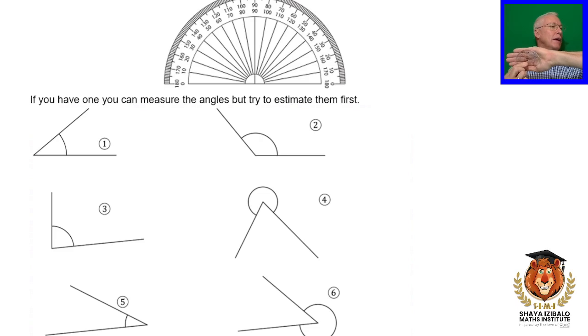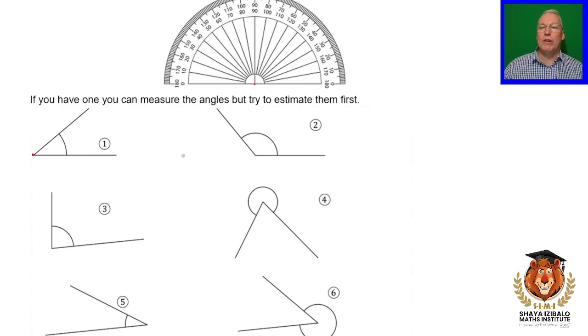But it's basically a clear plastic device, and it's got the angles measured on, just like in the picture. And what we do, we get this point over here and we put that on the vertex of the angle, and then we can read off the size of the angle.